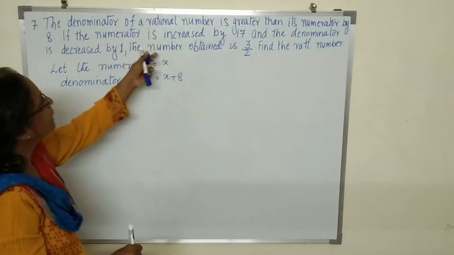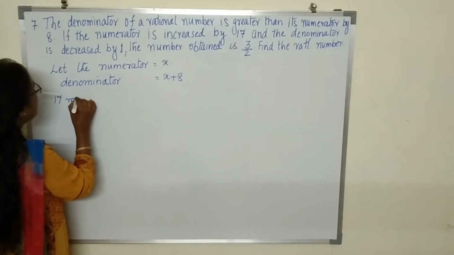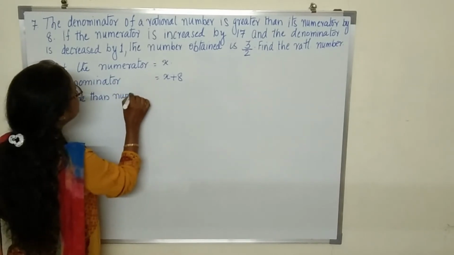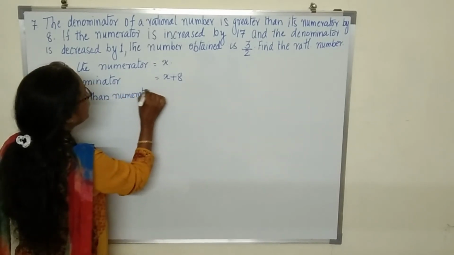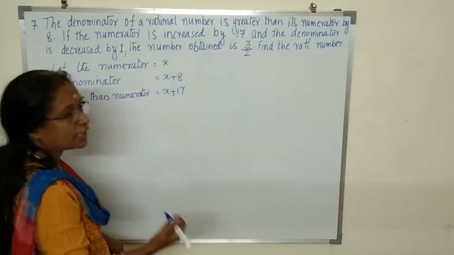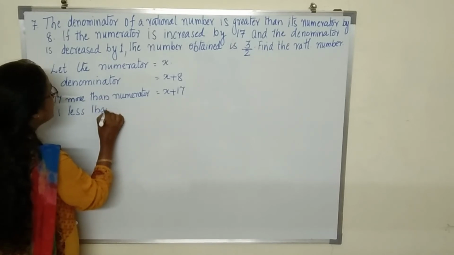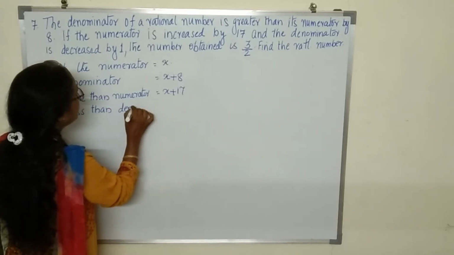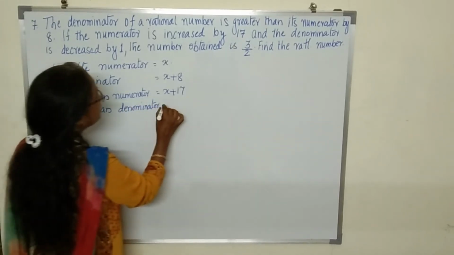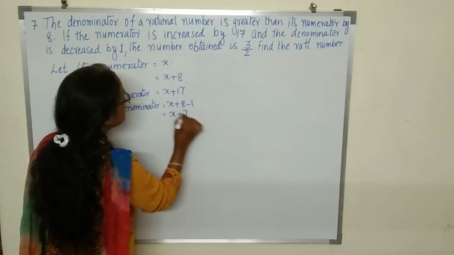Now, if the numerator is increased by 17, that is 17 more than the numerator, it means x plus 17, and the denominator is decreased by 1. So 1 less than the denominator. What will be 1 less than x plus 8? x plus 8 minus 1, that is x plus 7.